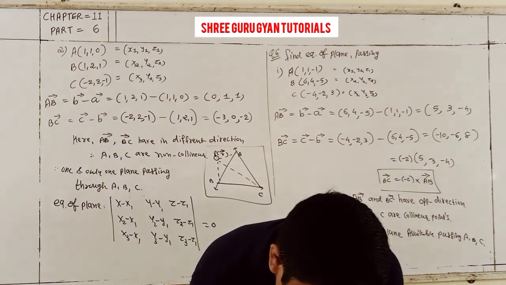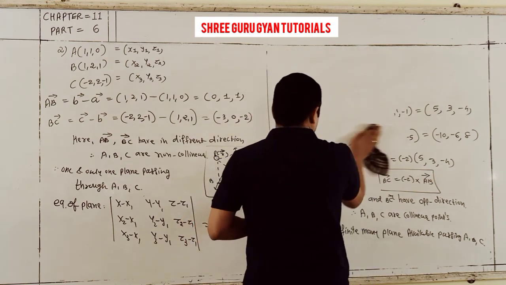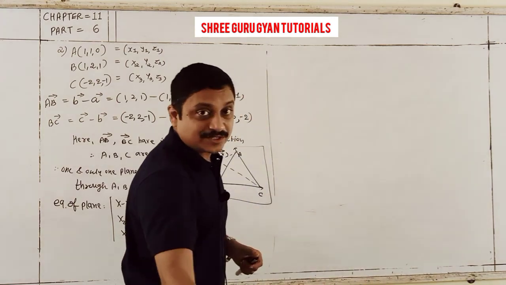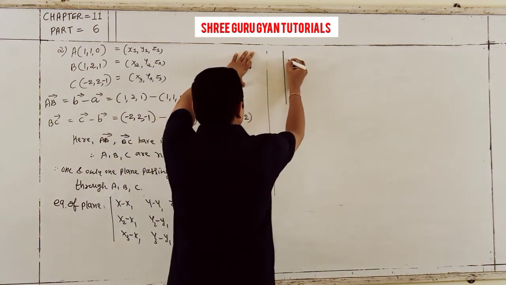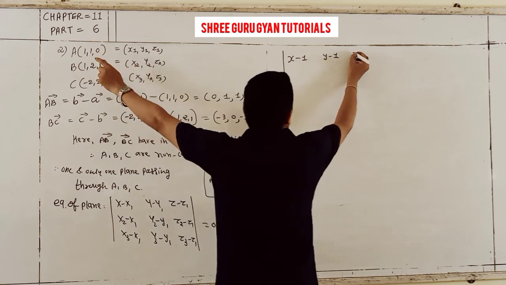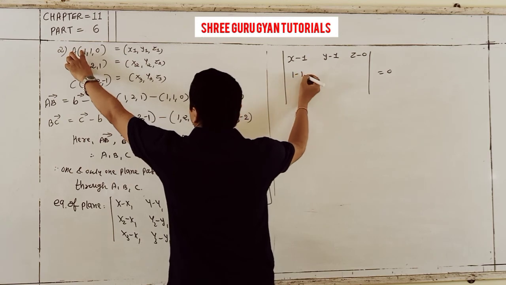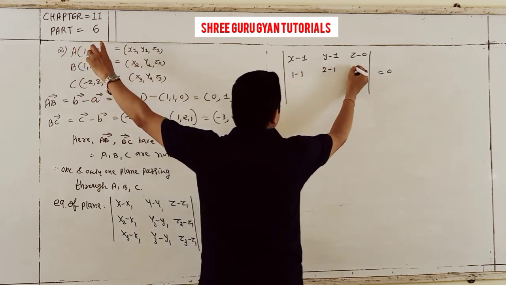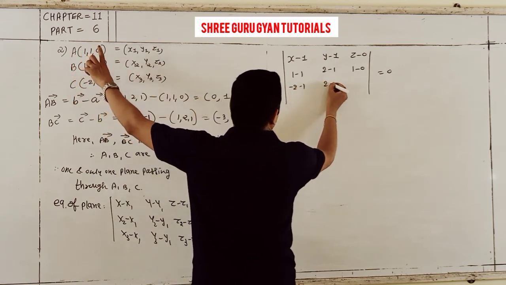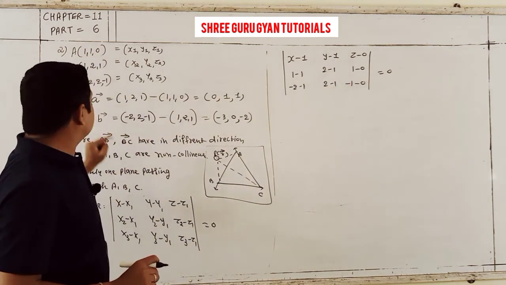Students, you will put in the values, and very easily you derive the answer. Here x1 is 1, y1 is 1, and z1 is 0. Now x2 minus x1 is 1 minus 1, 2 minus 1, and 1 minus 0. Now x3 minus x1: -2 minus 1, 2 minus 1, and -1 minus 0.